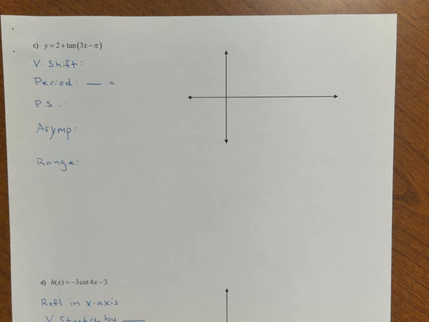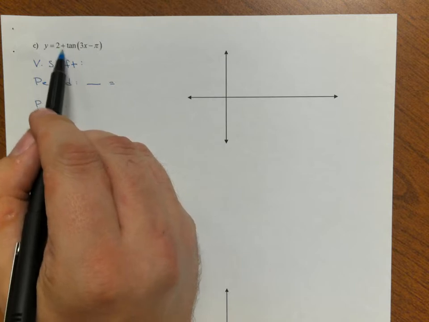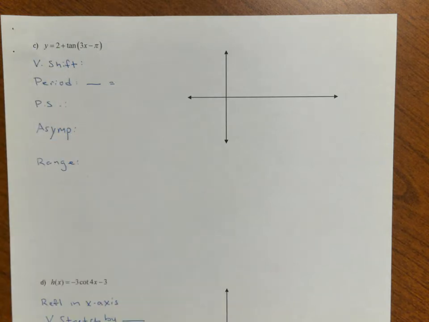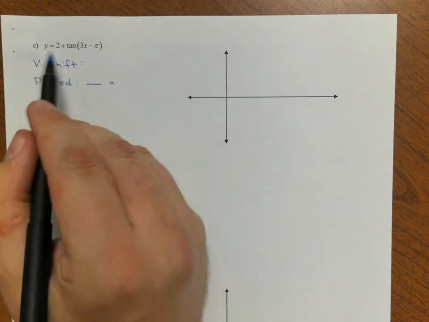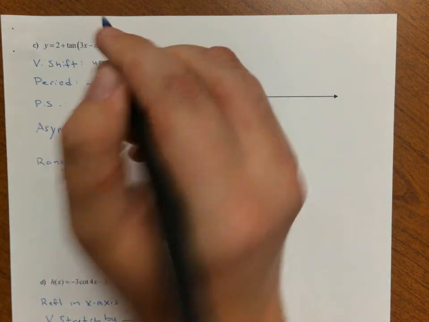Once again, sine and cosine are the only ones with amplitude. For tangent and cotangent, I just have a vertical stretch or compression. In this case, since I just see 2 plus the tangent, that means there is no stretch or compression. It's just the tangent. This 2 right here indicates that I am shifting up 2 units.